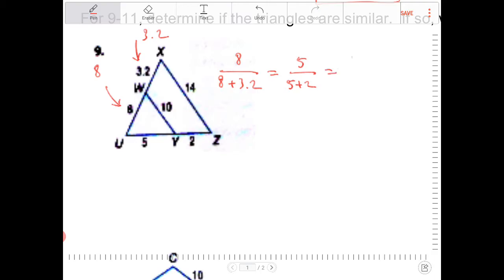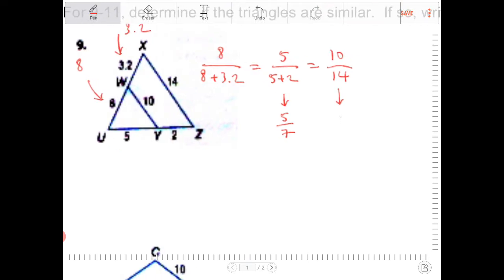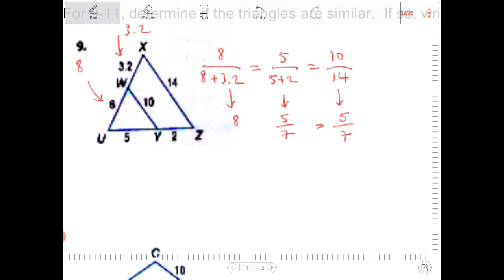Is this going to be the same thing as 10 to 14? So this right here is 5/7. This right here has a common factor of 5, and that reduces to 5/7. So that holds true.